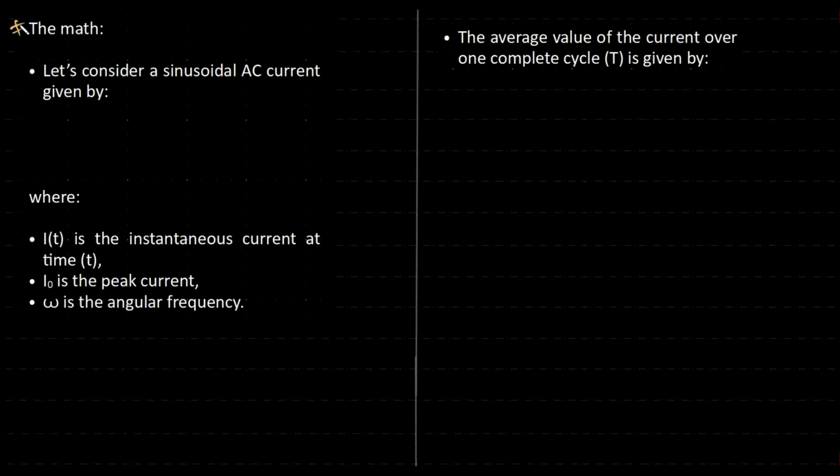So first things first, we have an AC source with instantaneous function of time, whose instantaneous value is given by the following. Right? Now, to figure out the average, I need to figure out the total charge and divide by the time period T. So to figure out the total charge, let me do this.